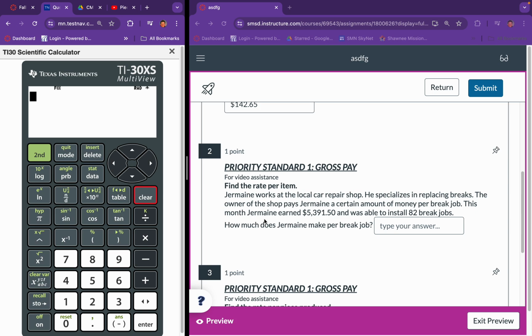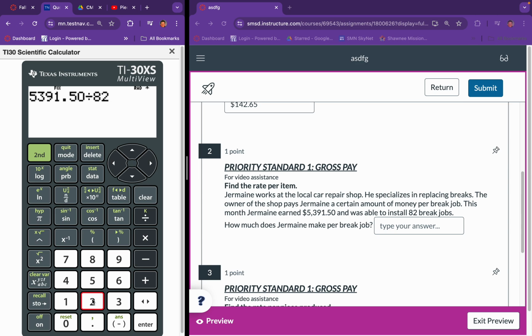This month, Jermaine earned $5,391.50 for installing 82 brake jobs. So he replaced 82 sets of brakes, and for doing 82 brake jobs, he earned $5,000. So we're going to take the $5,391.50 that Jermaine earned, and we're going to say, what did he earn that money for? He earned it for completing 82 brake jobs.